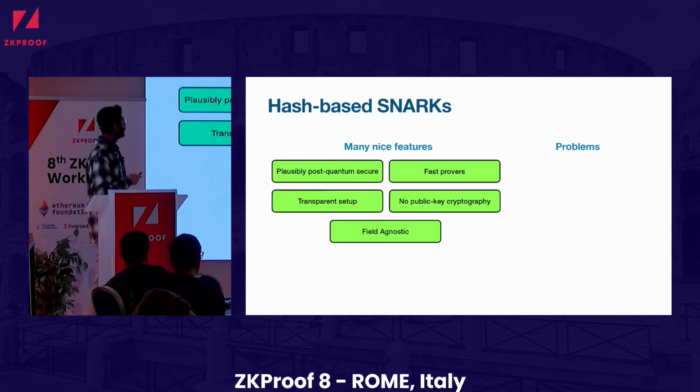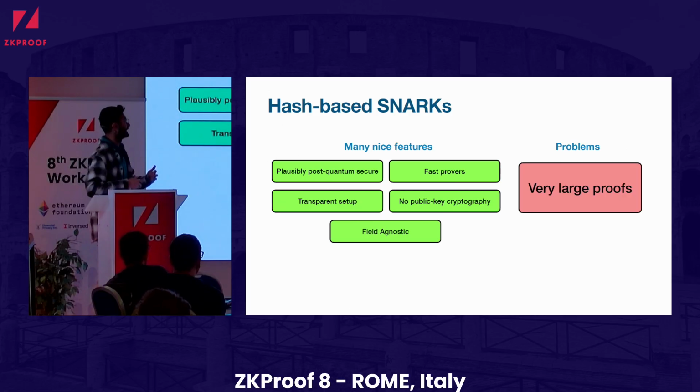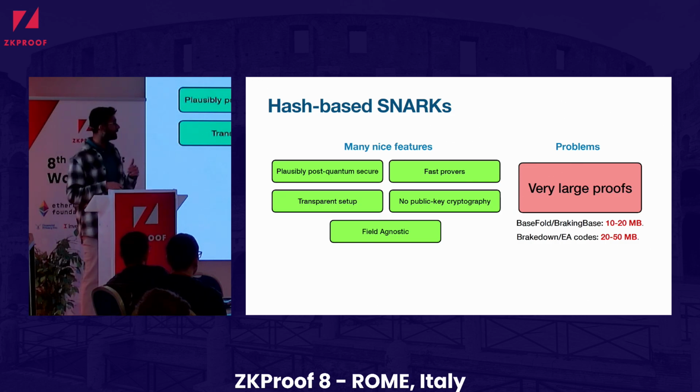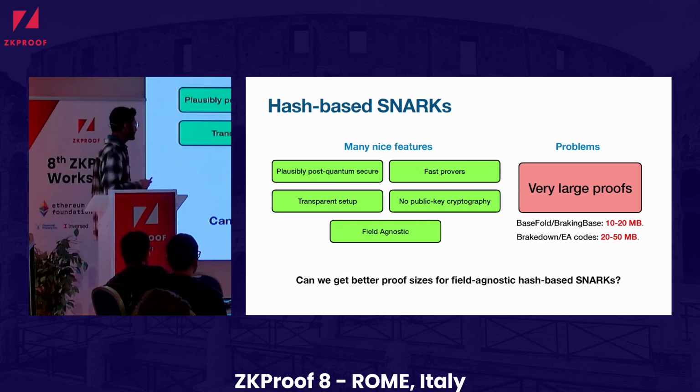But if we talk about SNARKs that are field agnostic, like Basefold and Brakedown, then they have a bigger problem, which is that they have very large proofs. These proof sizes can range from 10 to 20 megabytes for Basefold and BaseFold variants, and 20 to 50 megabytes for Brakedown and EA code-based SNARKs. And these numbers are for fairly large instance sizes. So the question naturally is: can we get better proof sizes for field-agnostic hash-based SNARKs?